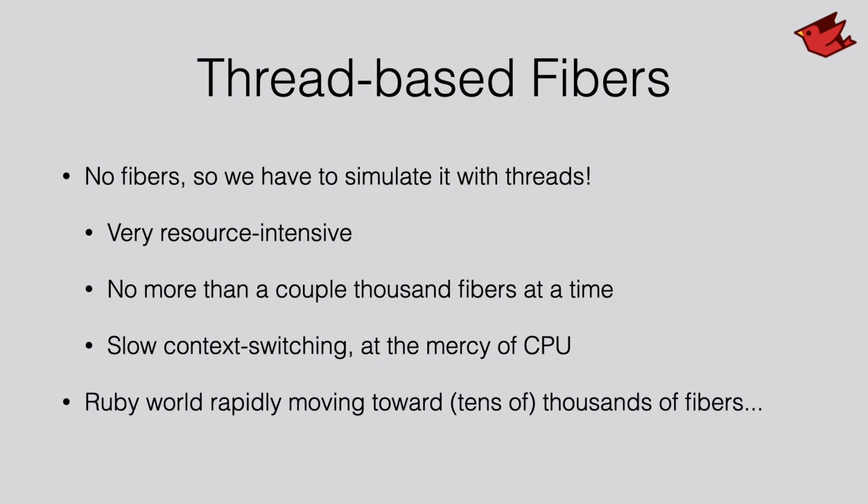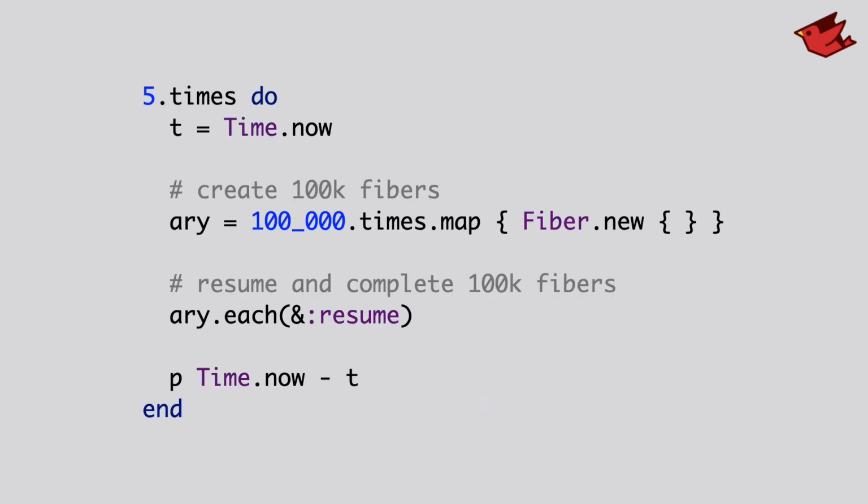Now, with the Ruby world rapidly moving towards having large-scale applications with tens of thousands or hundreds of thousands of fibers, this is clearly not going to scale for JRuby. Let's look at an example of how this affects us. So here is a little benchmark. We're going to spin up 100,000 fibers, make sure they're up and running, and then resume and complete all 100,000.